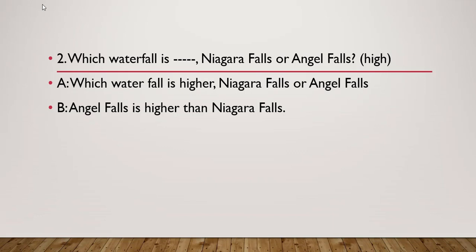The person who wants to answer will now say, Angel Falls is higher than Niagara Falls. Higher is used here because we are comparing two things. So we use the comparative form of the adjective high, which is higher.